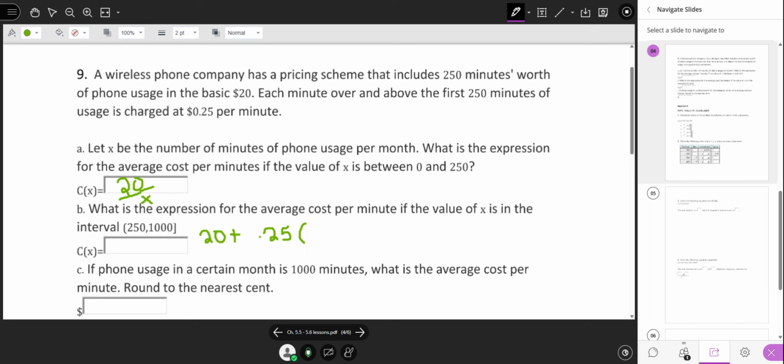Okay. And I always have trouble with this problem. And I don't know why I always do, but I always do. Hang on just a second. Oh, yeah. Okay. So x minus 250. And then every bit of that divided by x.